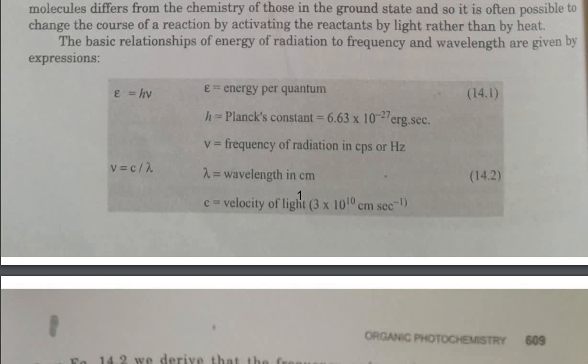Here epsilon is energy per quantum, h is Planck's constant, and nu is frequency of radiation in cycles per second or hertz. Nu is equal to c by lambda, where lambda is wavelength in centimeter and c is velocity of light in centimeter per second.